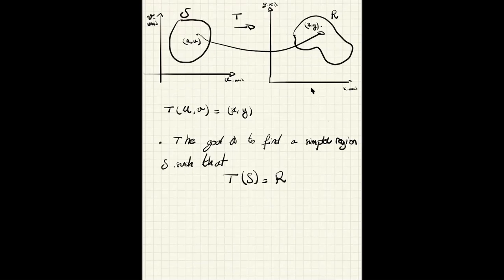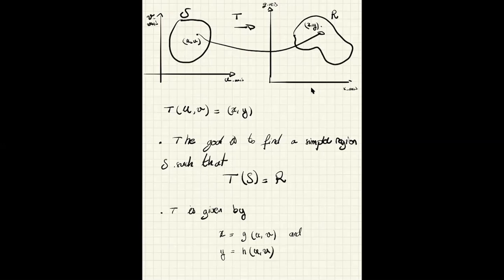So what does this transformation give? Mathematically speaking, these transformations are given by: T is given by x as a function of u, v, and y as a function of u, v.